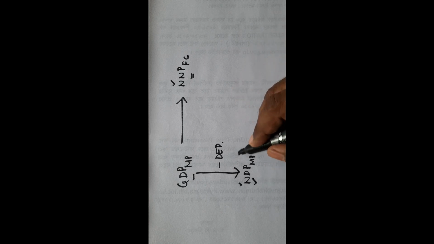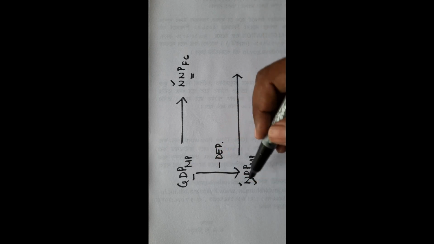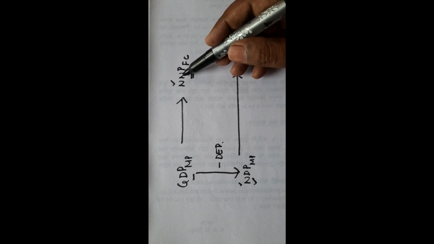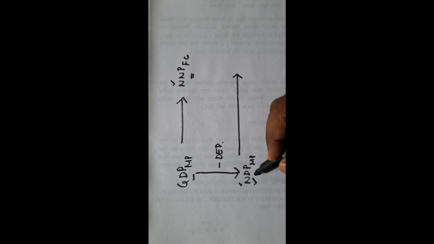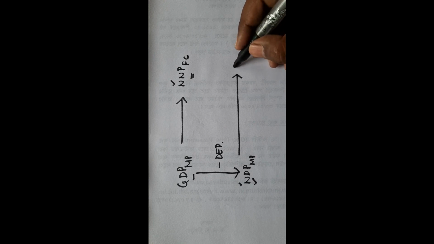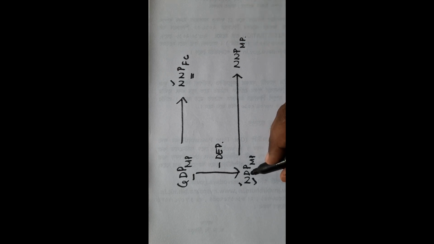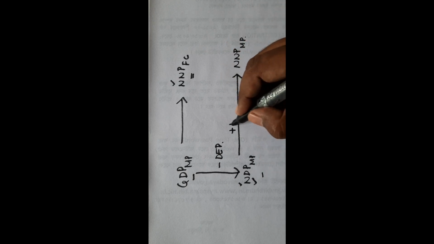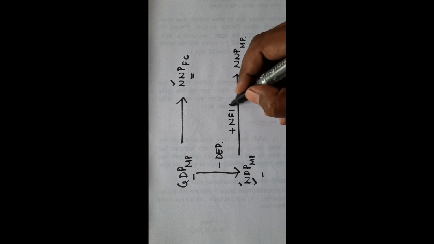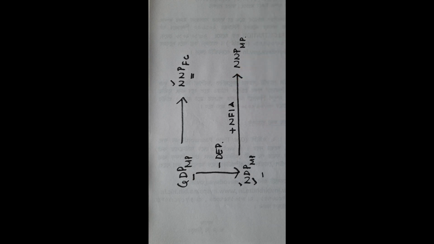Once you subtract depreciation from the gross domestic product, we get the value of net domestic product at market price. Now the next conversion: from G we have arrived at N. Now this D has to be converted into N. That means the domestic product has to be converted to national product. So what do we get? We get NNP at market price. Domestic product has to be converted into national product. That means to the value of domestic product, we have to add the value of net factor income from abroad.